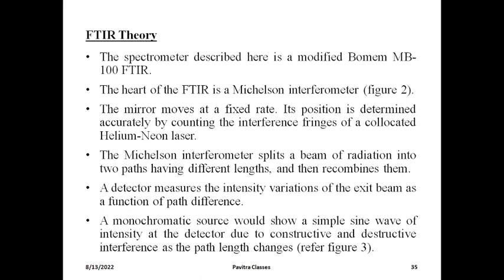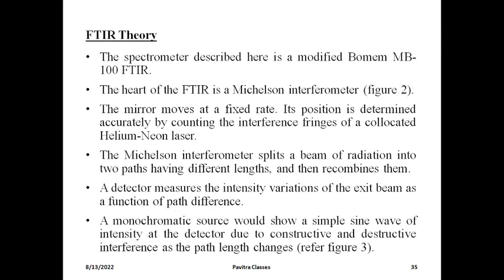The heart of the FTIR is usually the Michelson interferometer. The mirror moves at a fixed rate, so it has very automatic features. Its position is determined very accurately by counting the interference fringes of a collected helium neon laser. The Michelson interferometer splits the beam of radiation into two parts, for the sample cell and the reference cell, at different lengths, and recombines them.